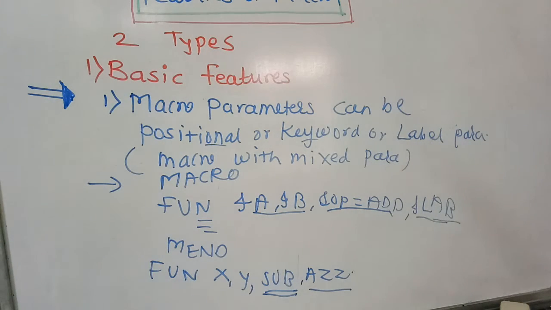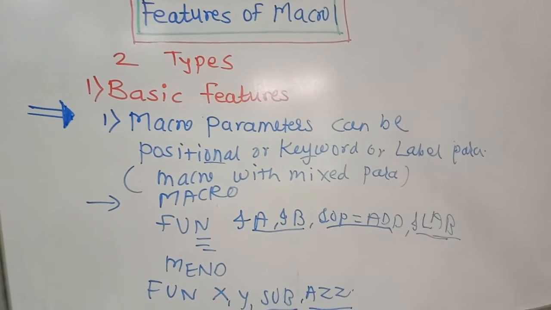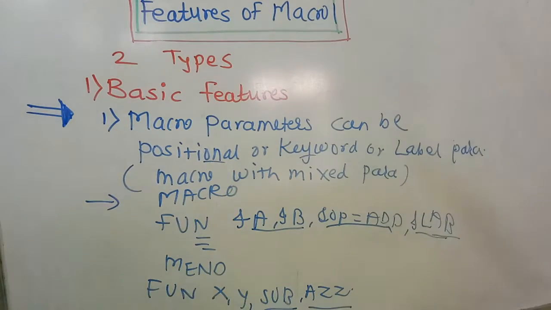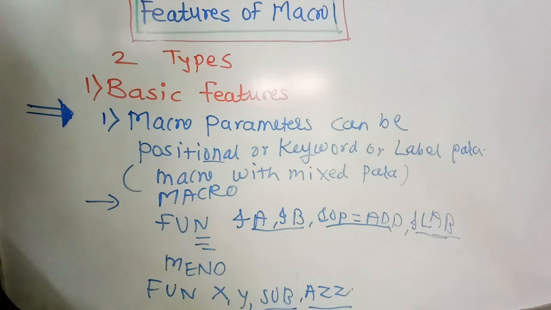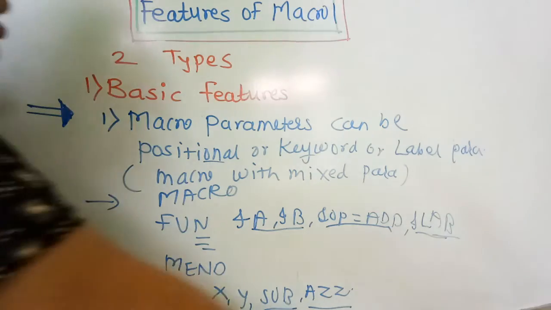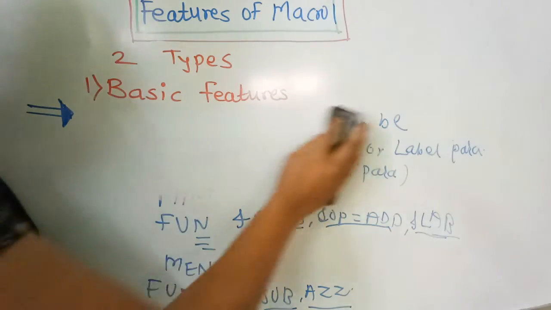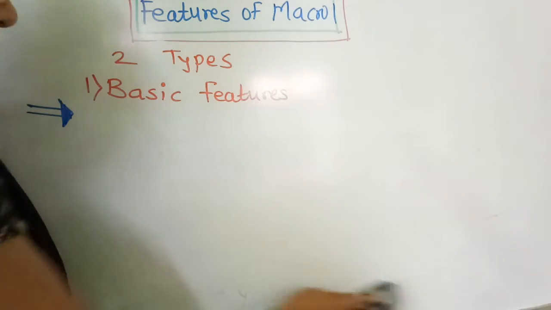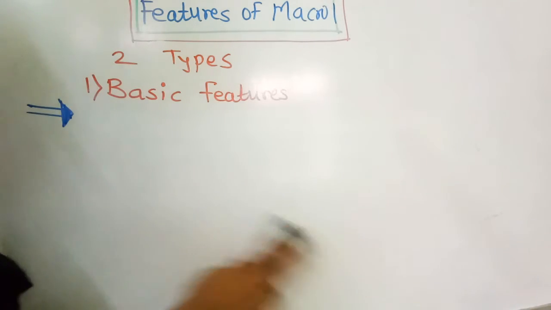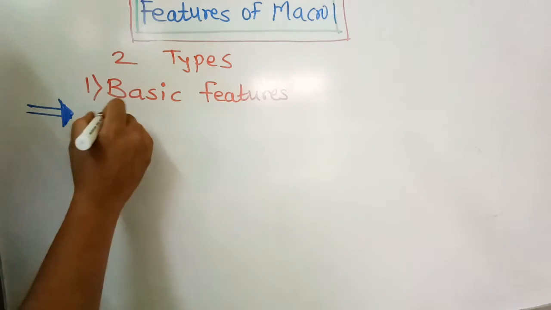We see the third type, that is the next mechanism in the basic features: some preprocessors also allow labels in macro definition, without label parameter passing. We will study it first. What is the third feature?